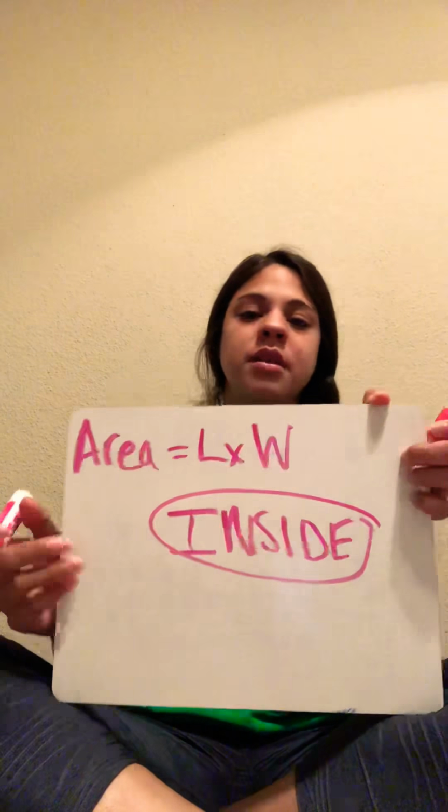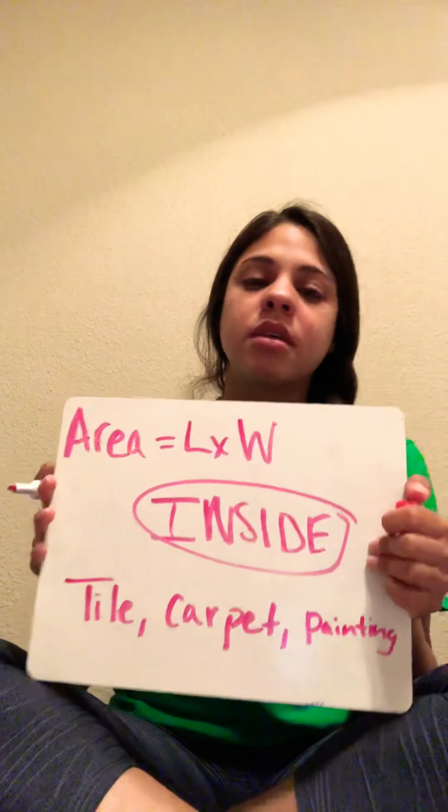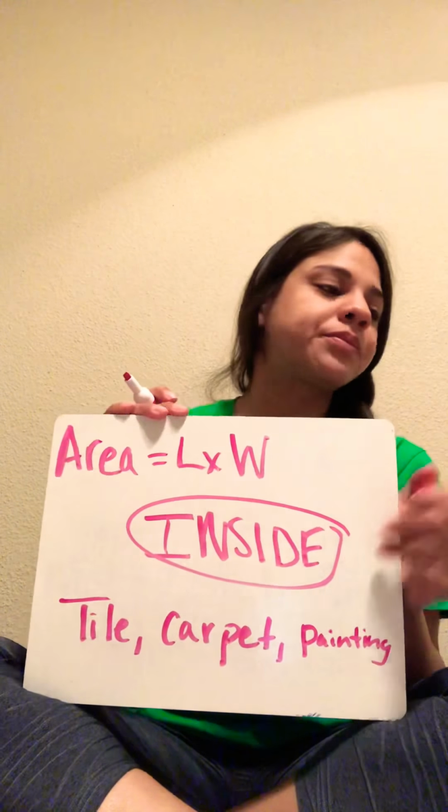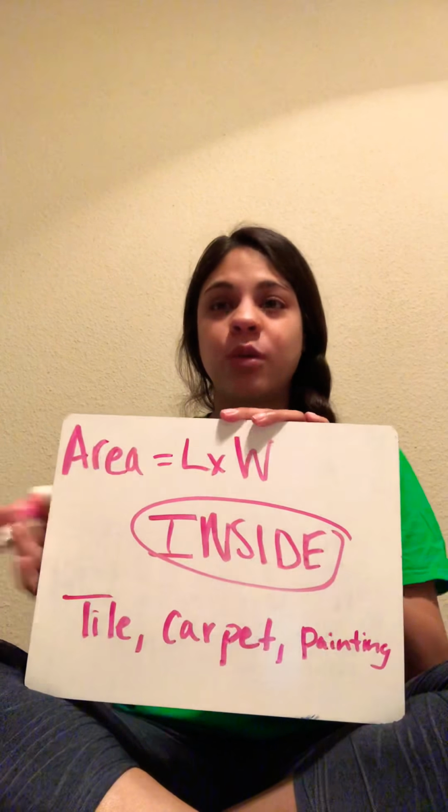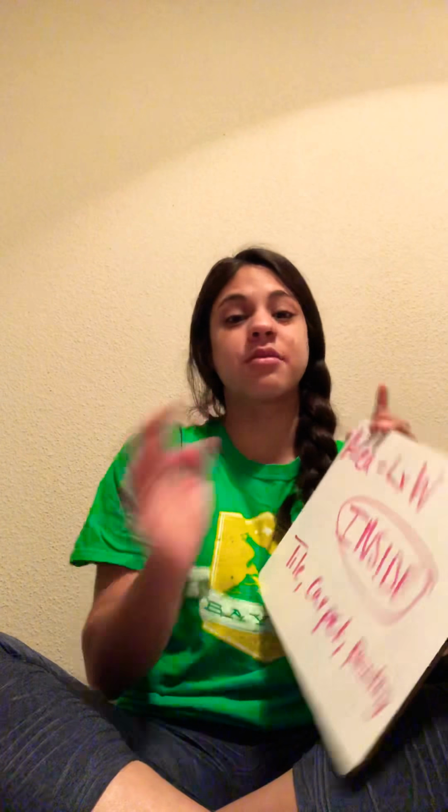Now, things associated with the inside are things like tile, carpet. People in the story or your problem are probably painting. Right? Because when you paint all the way inside the wall. Alright? So it tells you they want to cover the floor. Usually it has to do something with flooring.